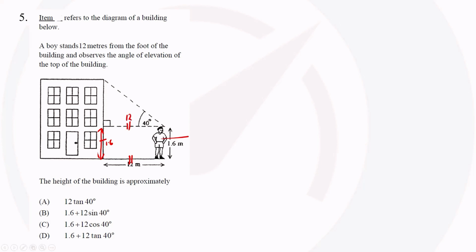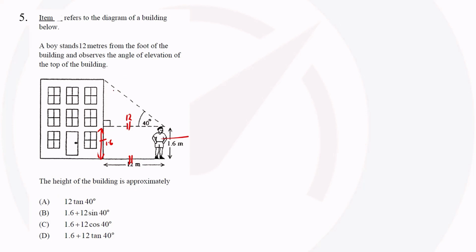Most of the real world application questions that they will give, even on the paper, most of them involve tangent, because we position ourselves down on the earth.